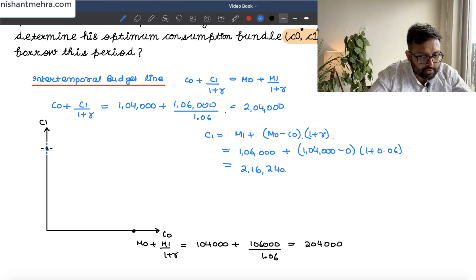Okay, so this point is the maximum consumption which you can have next period when you are not consuming anything today, right? And you can put C0 to be 0.